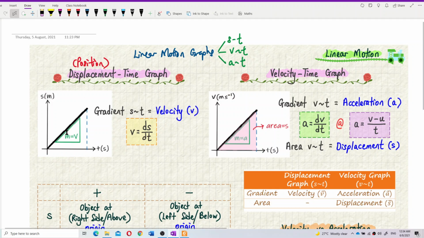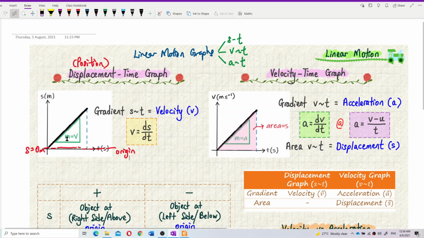So what is meant by this displacement time graph? First of all, what does the x-axis, the time axis over here, mean? The important key about displacement graph is that here the displacement is 0 meter. So the time axis actually means origin.